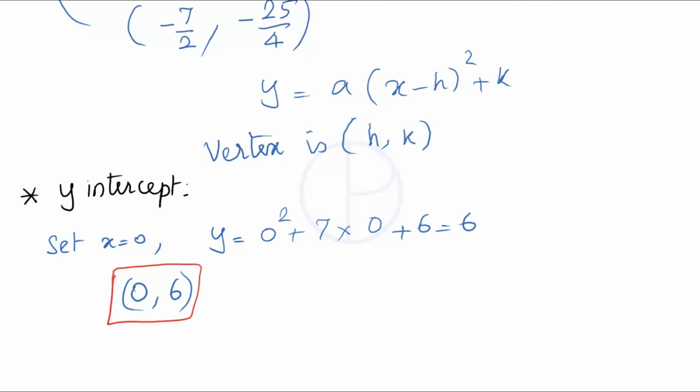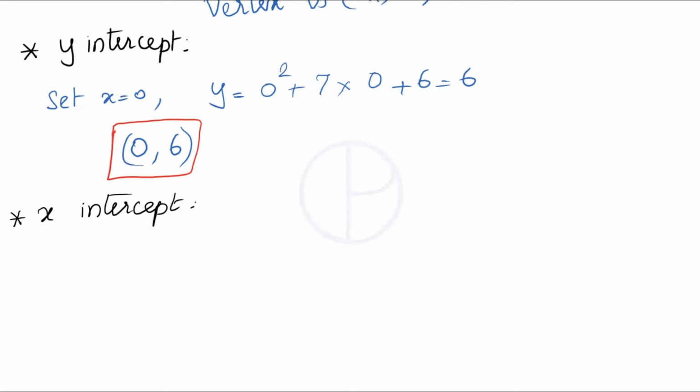Now let's find the x-intercept. The x-intercept occurs when y is equal to 0. So set y as 0 and solve for x. So x² + 7x + 6 = 0.